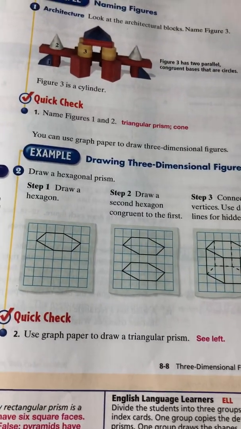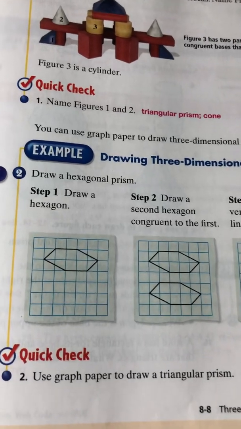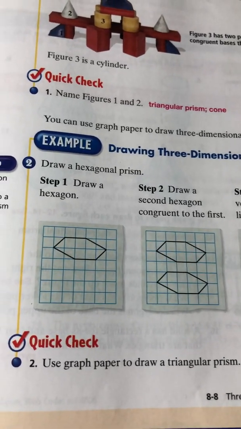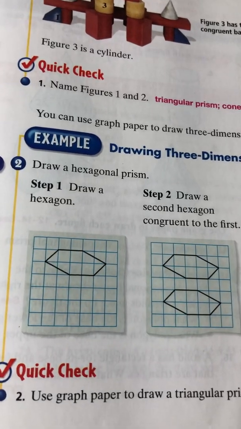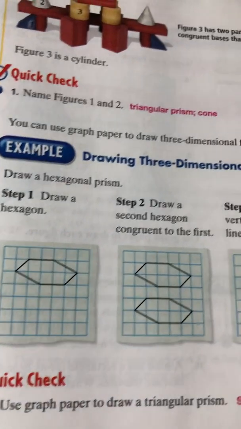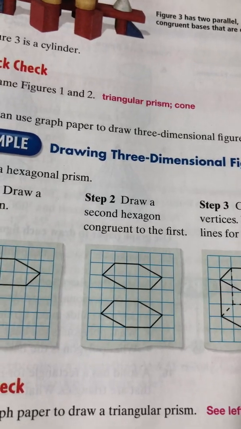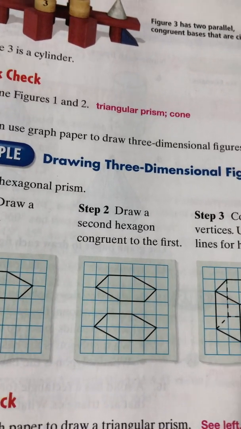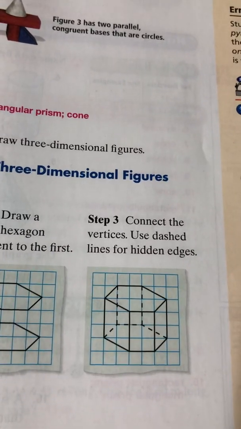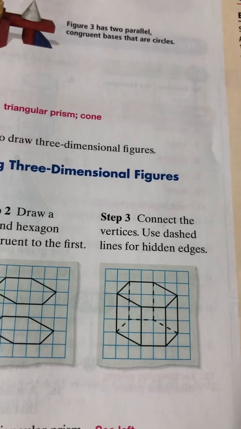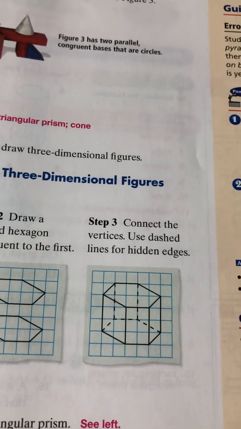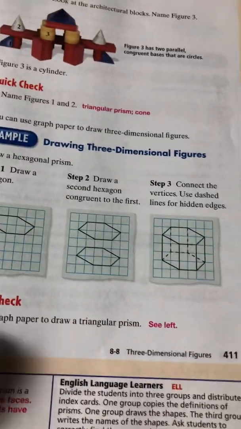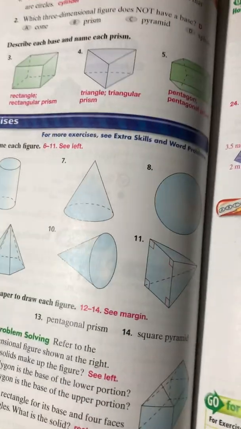If you were going to draw a hexagonal prism, we go back to the definition of hexagon, meaning that it has 6 sides. And so they draw this one like this, and then you have to draw a second one that has to be the same size. And then you're going to draw the lines to connect them. And again, if it has depth, you're going to do those with the dashed lines. They say for hidden edges. And that's it. See what I mean?